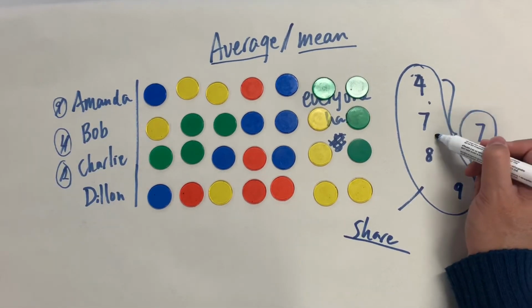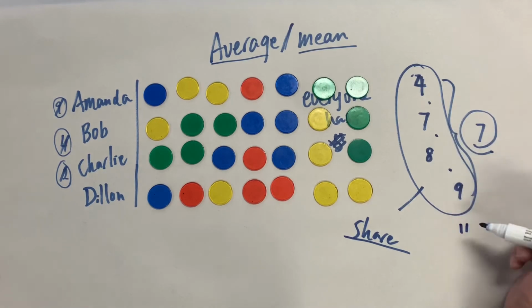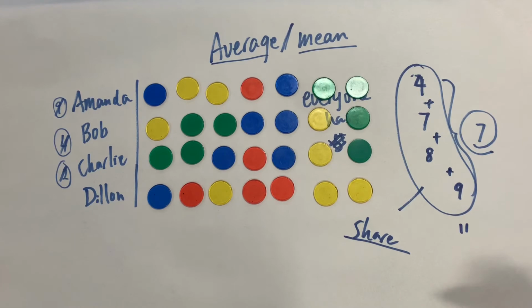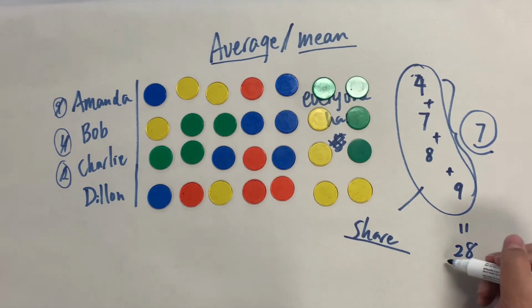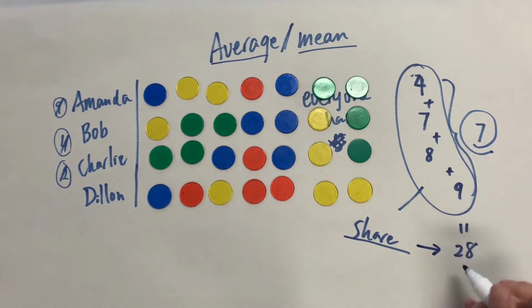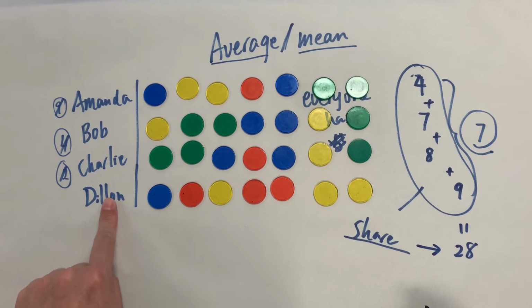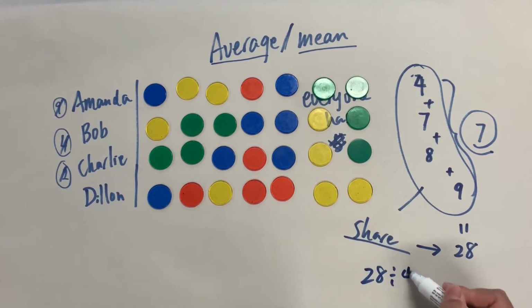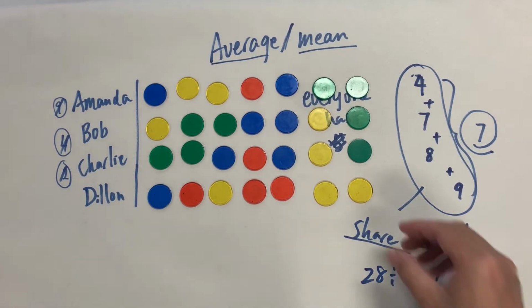So 4 plus 7 plus 8 plus 9 equals 28. If we share 28 among 4 people, that's a 7. So that's average.